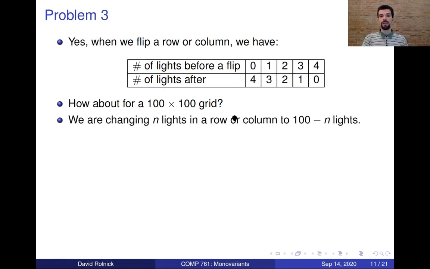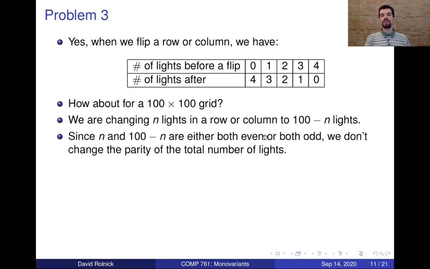Yes, we are. Whenever we change a row or a column, we're changing it from n to 100 minus n. And the key point here is that n and 100 minus n are either both even or both odd. So we're never going to change the parity of the total number of lights.